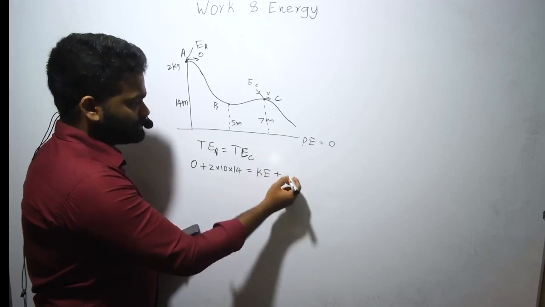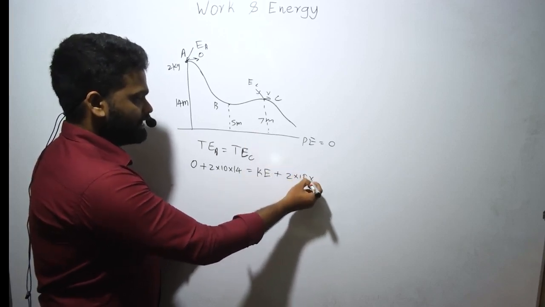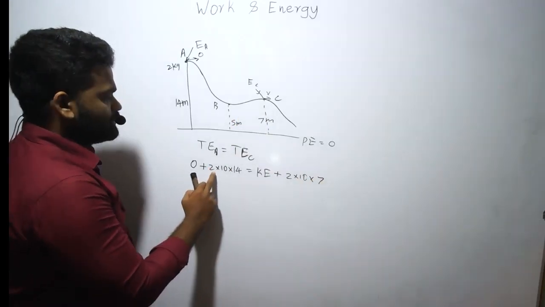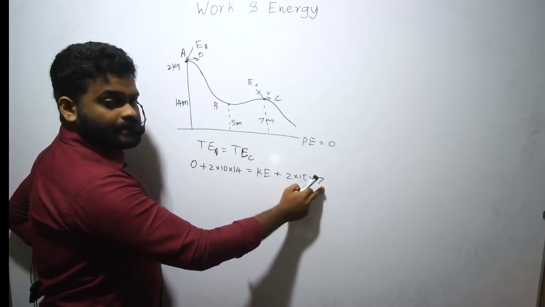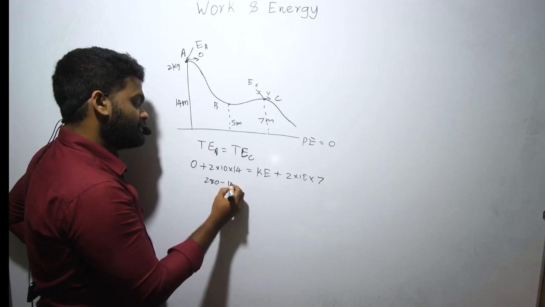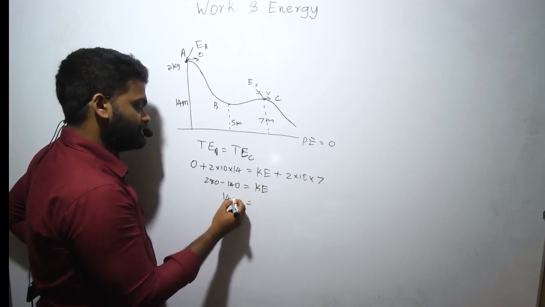plus potential energy. So what is the potential energy? Mass is 2, g is 10, h is 7. So this is 140, this is 280. So 280 minus 140 equals KE. So it is 140.